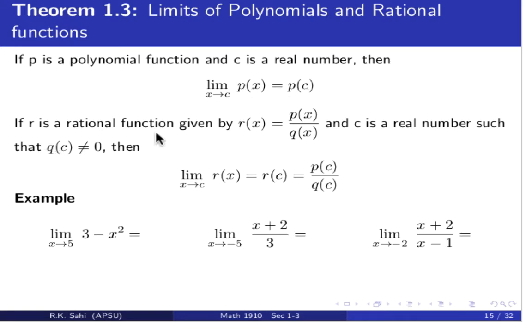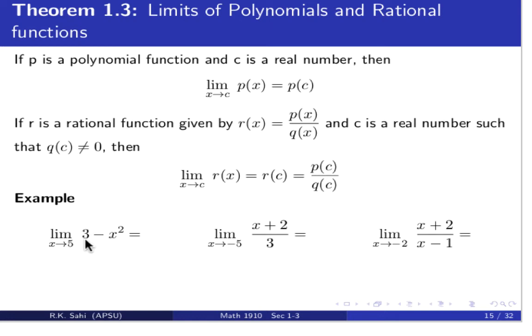And if I have a rational function r given by p(x) over q(x), and c is a real number such that q(c) is not 0, then the limit of r(x) as x approaches c is simply r(c), or p(c) over q(c). Again, it's direct substitution, and we talked about it earlier: if you have a polynomial or a rational function with a non-zero denominator, you simply apply direct substitution in your limits.